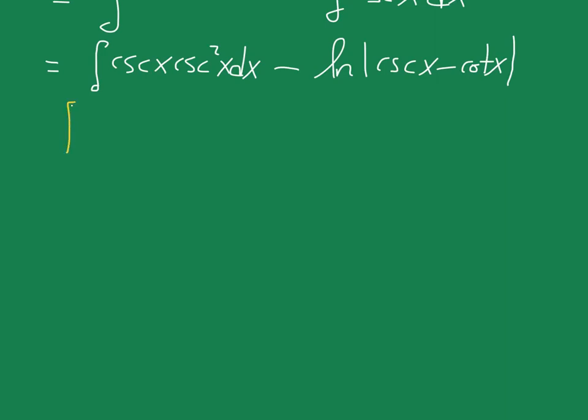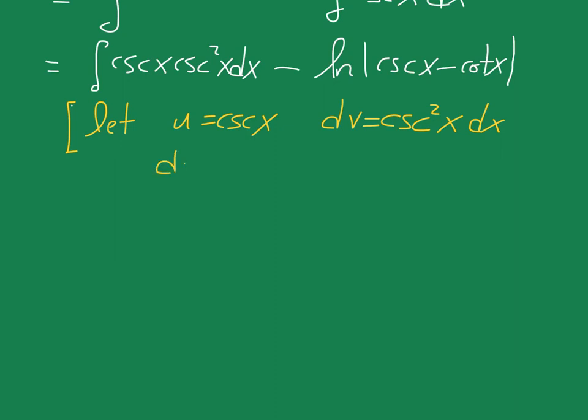So we're going to try letting u equal cosecant x, and if we do that, dv is everything left over, cosecant squared x dx. Well, it doesn't matter what we let u equal, we could always find du, and it would be minus cosecant x cotan x dx.